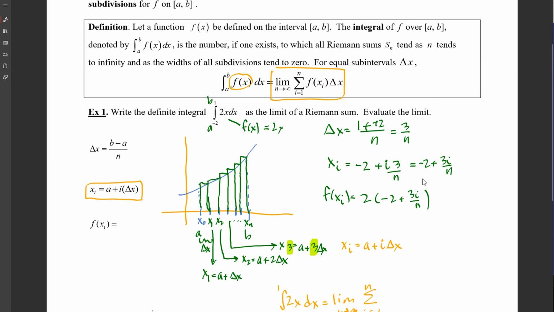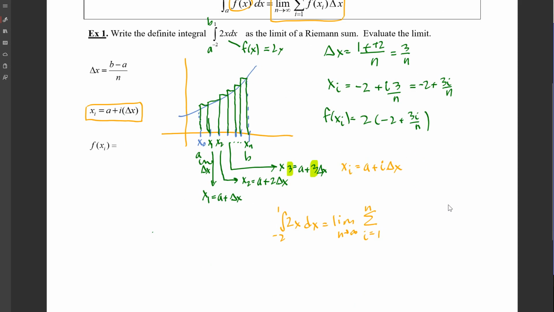Then f of xi is this expression right here, so that'll be 2 times negative 2 plus 3i over n, and then I'll multiply it by my delta x, which is 3 over n. And that is my answer. If I wanted to express the integral of 2x dx from negative 2 to 1, this is the way that I would express it.